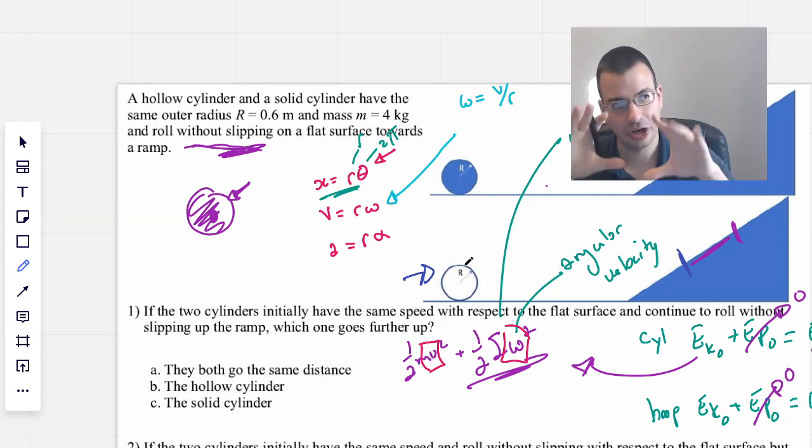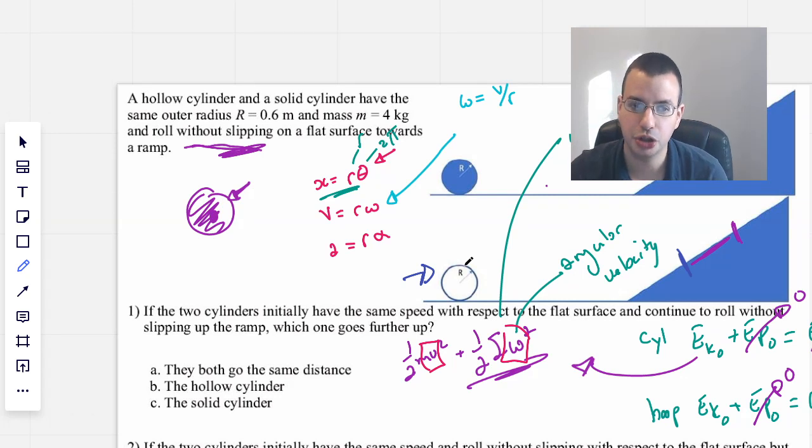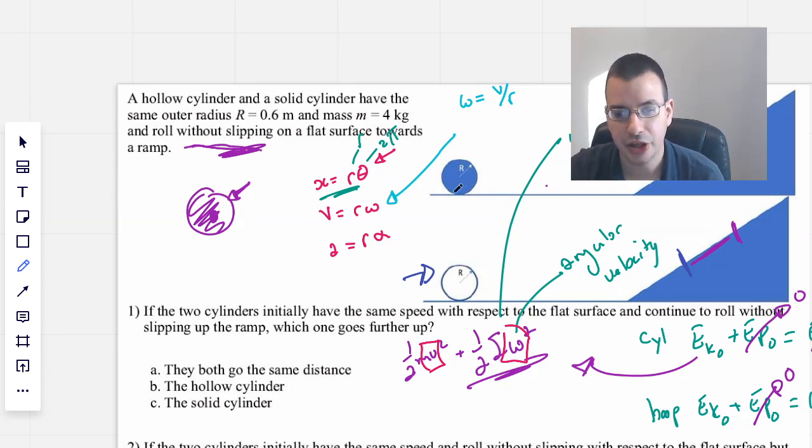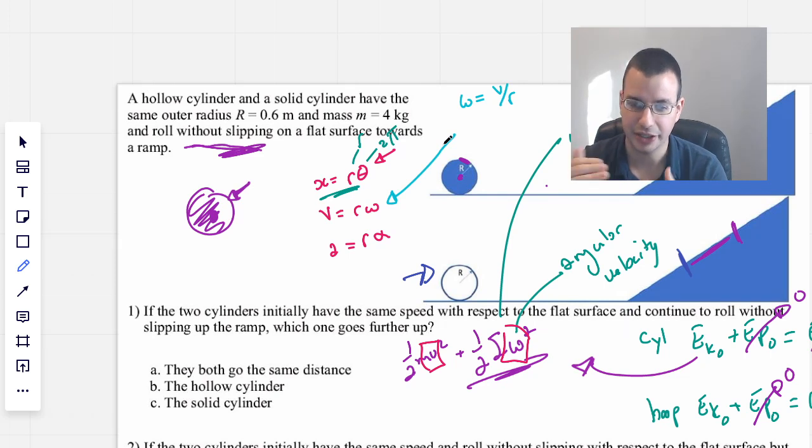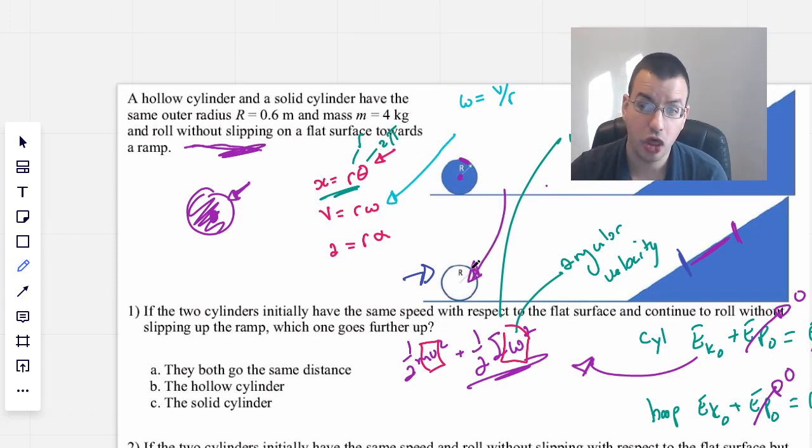That exterior mass is going to contribute more to the total energy of the system than the solid cylinder, which has some mass at the outside but also some at the inside, kind of a gradient. And so that's why we have more energy in the hollow hoop than in the solid cylinder. We showed the basic idea of that mathematically, and intuitively, this makes sense.